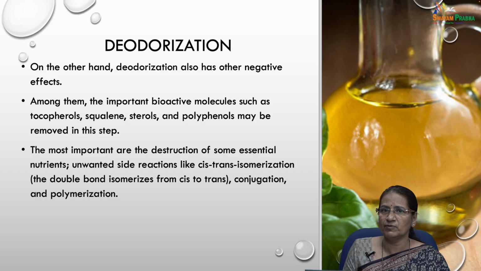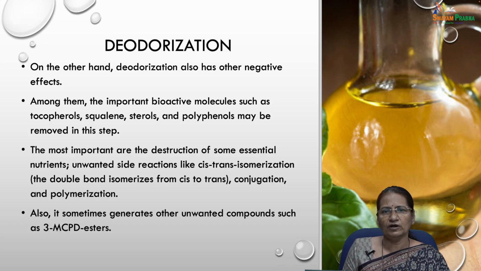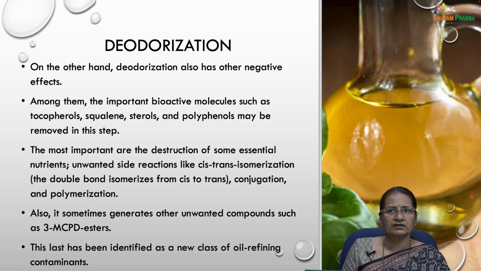Here, the double bond isomerizes from cis to trans, then conjugation and polymerization. Also, it sometimes generates other unwanted compounds such as 3-MCPD esters. These 3-MCPD esters have been identified as a new class of oil refining contaminants.